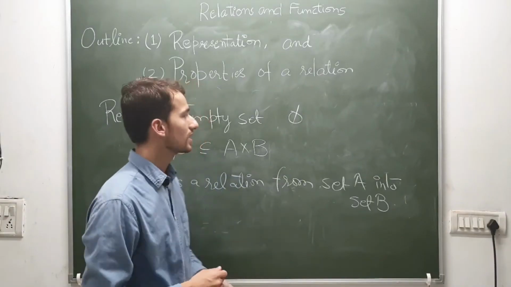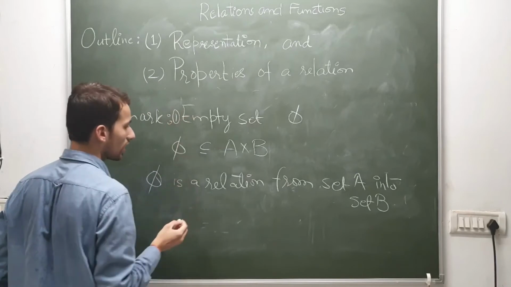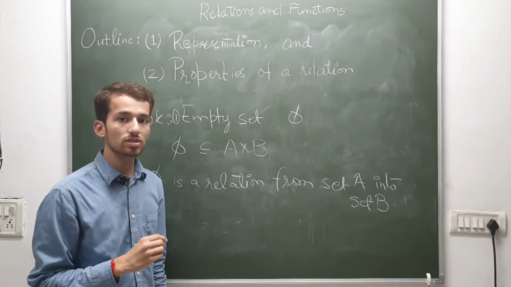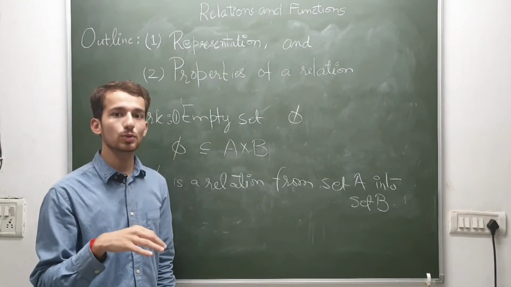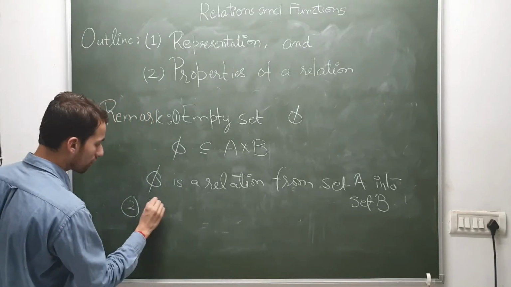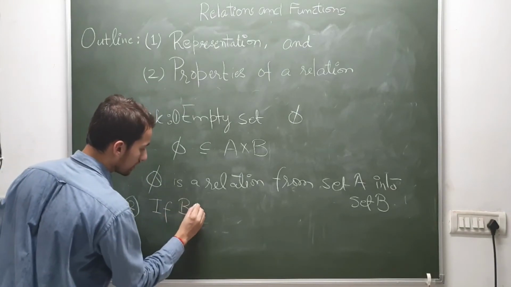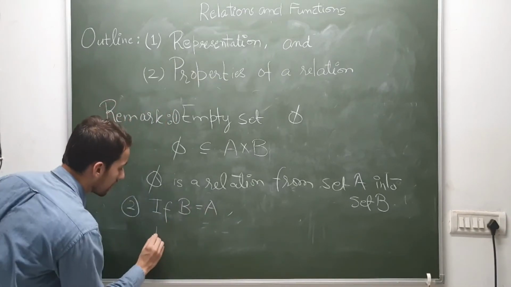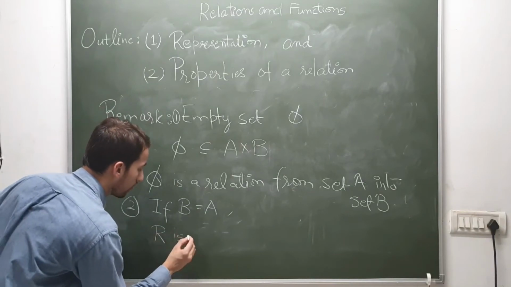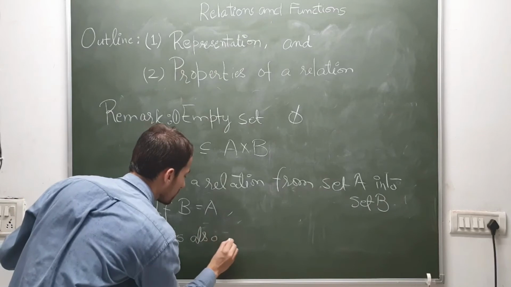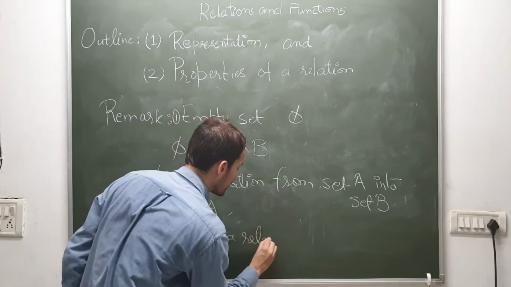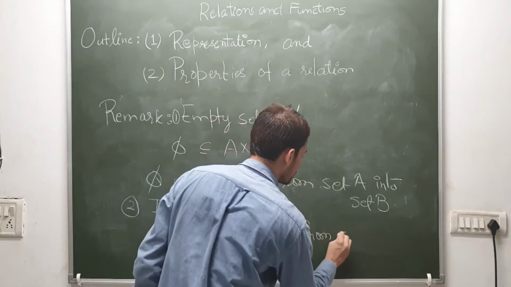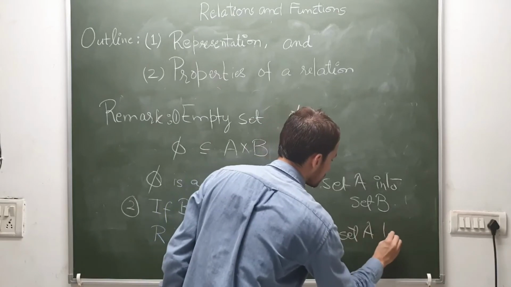If I call this remark one, then one more remark I want to introduce is that if I choose my relation from the set A to itself, that is, if my set B is equal to the set A itself, then in this case also my relation R is a relation from set A to itself.